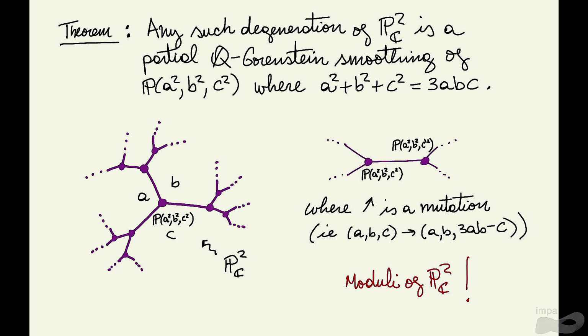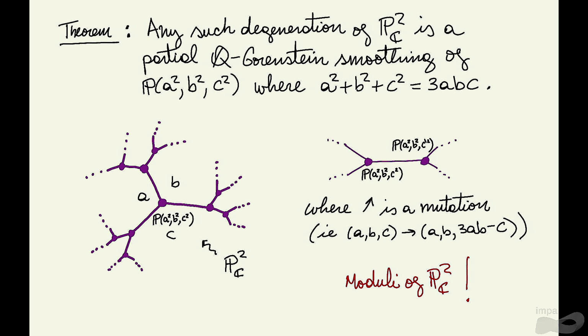Now, why is this the Markov tree? Because if you go from this point to that point, then you can prove you have exactly a mutation. There is a P1 that is connecting these two points. And what is happening with this P1? You are smoothing the singularity with respect to C, and now you have only two singularities, and then at some point you obtain another singularity which corresponds to this C prime, and this C prime is exactly 3AB minus C, which is the mutation.